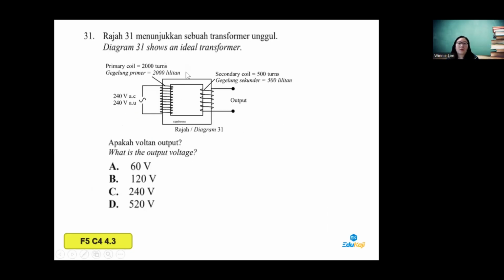31. Shows an ideal transformer. What is the output voltage? They give you the input voltage and the primary turns, and then you have the secondary turns. You want to know the output voltage. You use the formula Vp over Vs equals Np over Ns, where V is the voltage and N is the number of turns of coils.